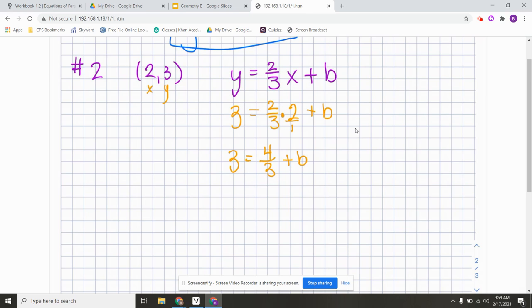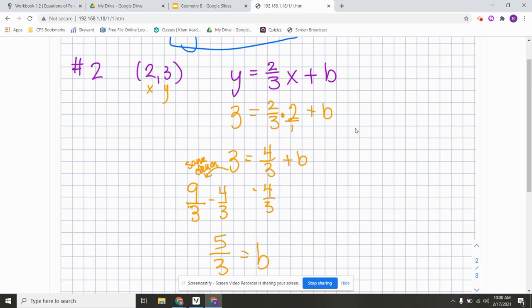We want to get the b alone, so we're going to minus 4/3. But when I minus 4/3 from 3, I'm going to change 3 so it has the same denominator. So it needs to be over 3, so it has to be 9/3, because 9 divided by 3 is 3, minus 4/3. And then 9 minus 4 is 5/3 is our b.